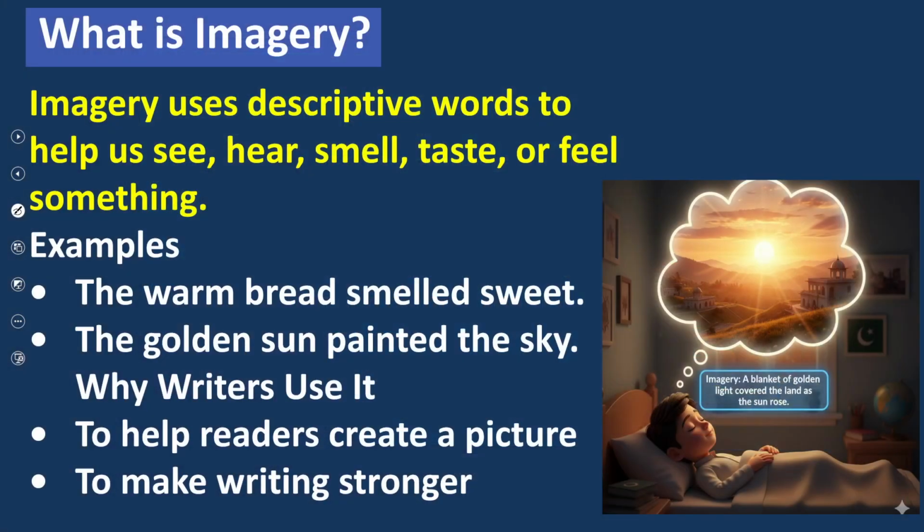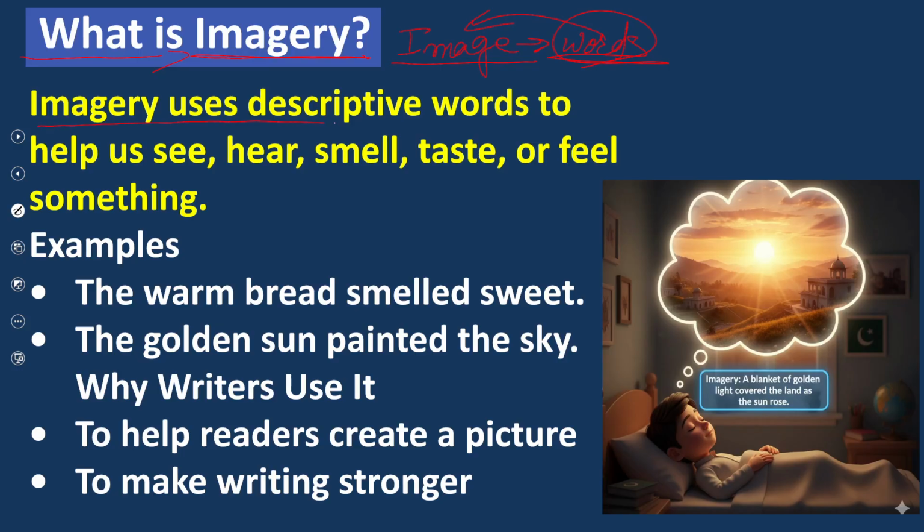And look at this. What is imagery? First of all, try to dissect this word and understand. Imagery is a word that is derived from the word image. So, image means if the writer uses some words and these words create an image in the mind of the reader, this particular process is called imagery. Now come to the definition of imagery.